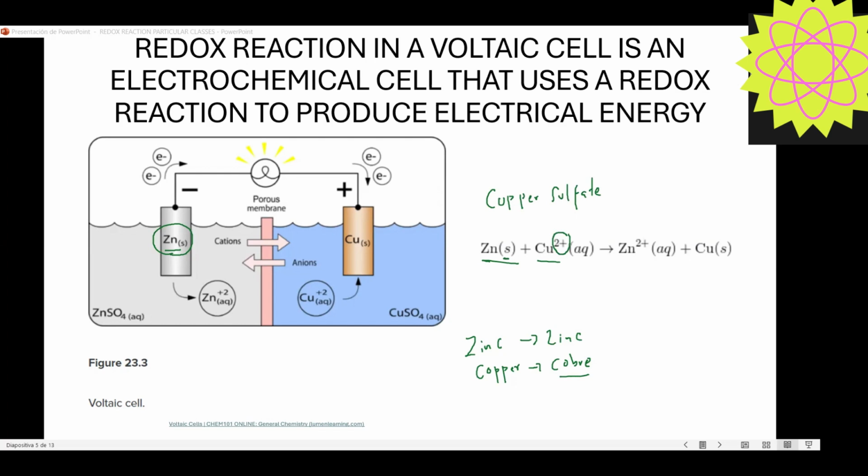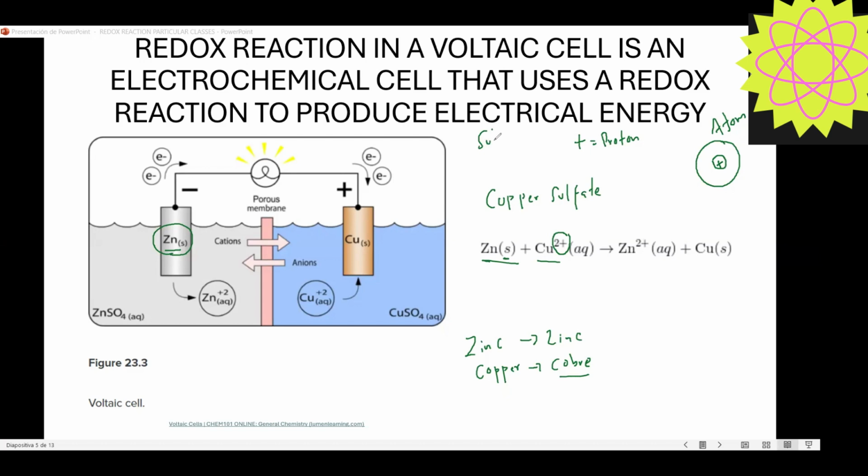And remember that in the atom, this is the atom, we have different charges, right? What is the charge that we have inside? It is a positive charge, right? We're talking about subatomic particles, right?